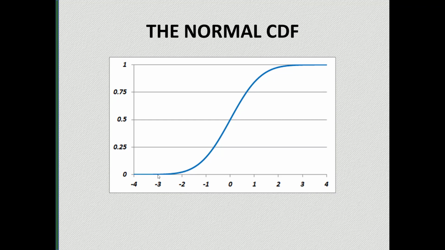3 standard deviations down, virtually none of the data should be further down than 3 standard deviations. 2 standard deviations below average, we worked that one out, that was 0.0228. Fairly rare for a data point to be 2 or more standard deviations below average.